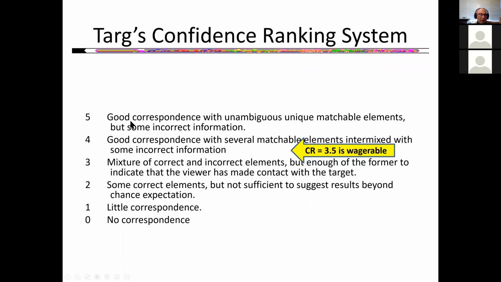Now, by the time you get up to a 5, he's raised the language to not only good correspondence, but with unambiguous, unique, matchable elements. You've got some stuff there that seems really strong in terms of matching that possible target. And you might still have some incorrect information, but as you're moving up, you have less and less.